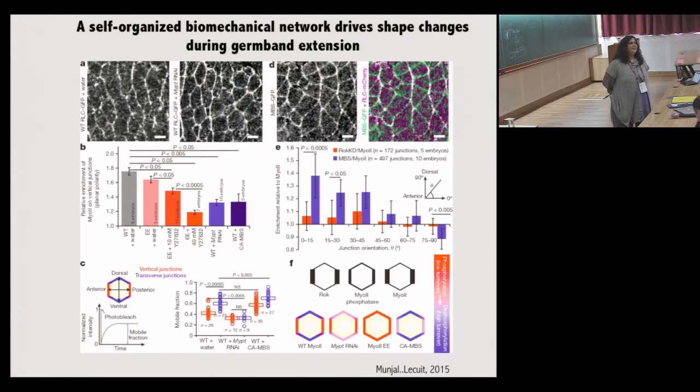Ah, I see. I was wondering because you mentioned at some point that there could be a mechanical induction of the myosin polarization. Yeah, so people have also looked at the effect on germ band extension of mutations in fog, for example, that influences both posterior midgut invagination and ventral furrow formation.